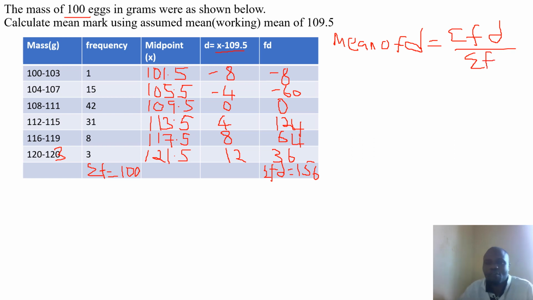In this case, the summation of fd is 156, divided by 100, and this gives me 1.56.